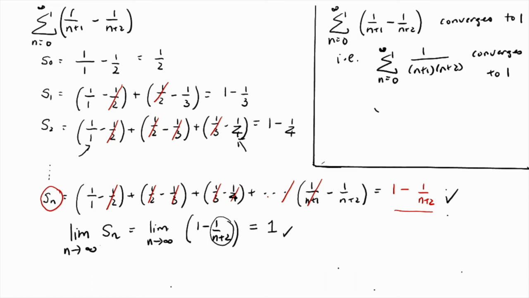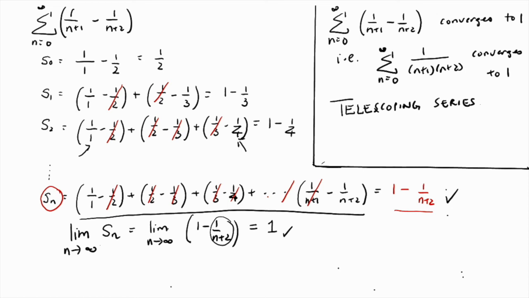This series is an example of what we call a telescoping series. And it's called telescoping because you have a series which shrinks down to just the first term and the last term.